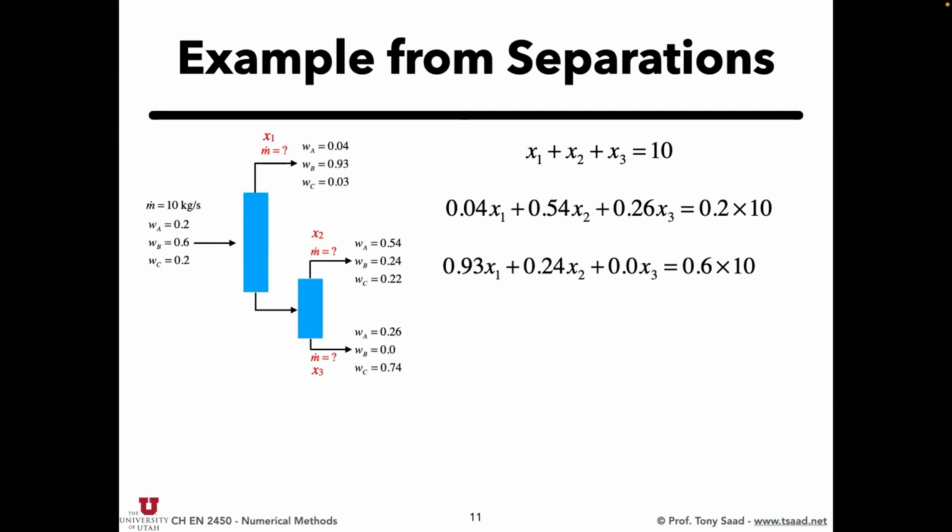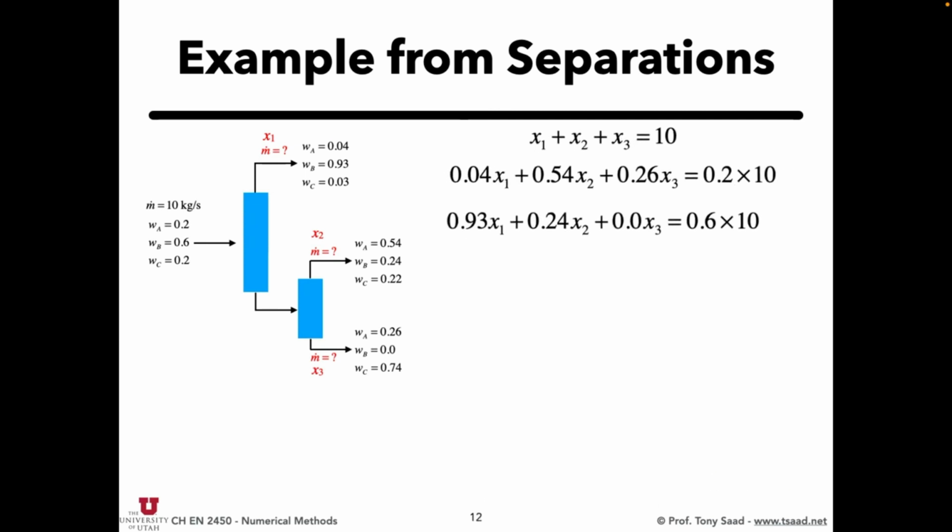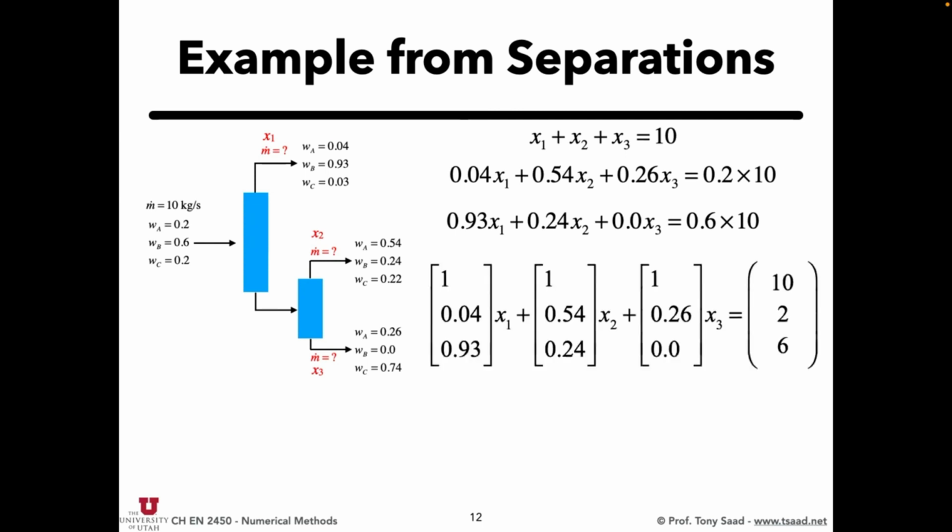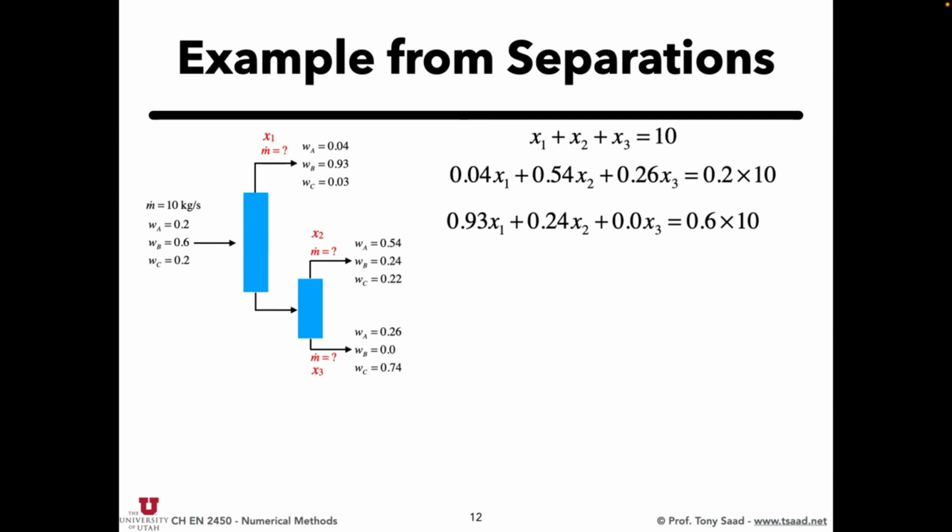So you can use any 3 of those equations. The 4th equation is just going to be a copy of one of the others. It just so happened that I used the total flow rate plus A and B.